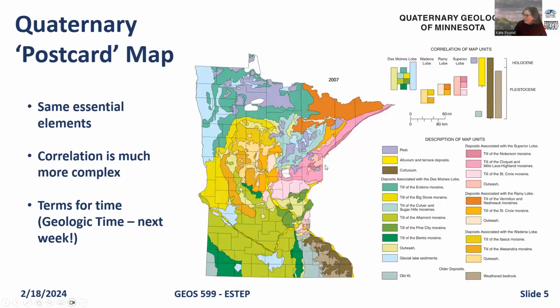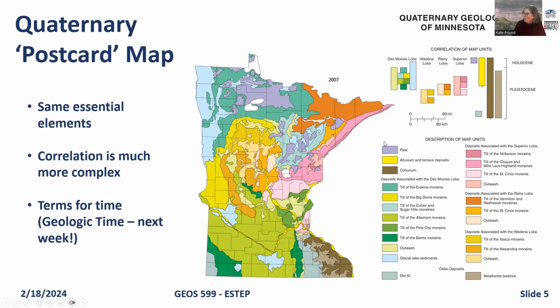And then here we've got the characteristics of all the quaternary sediments. So this postcard map has all the same essential elements. It's got our description of map units and a correlation of map units.